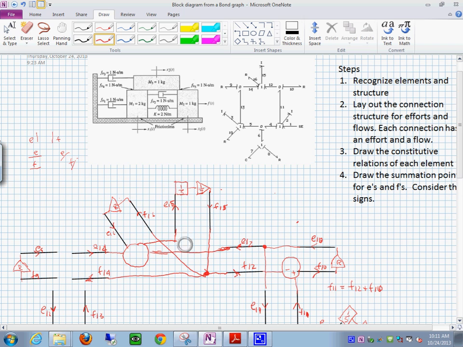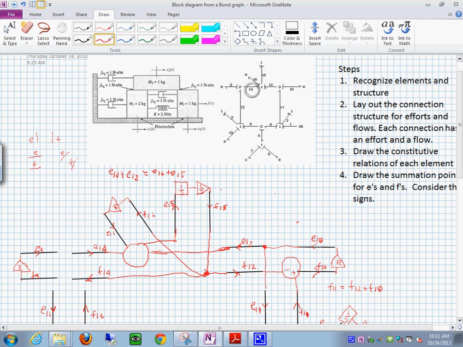Then we need to write the equation in here just to make sure that we do things right. You see the way the half arrows are written in here? What comes in is E14 and E12. So you could safely write that equation in here, that E14 plus E12 that come in equals E16 plus E15.